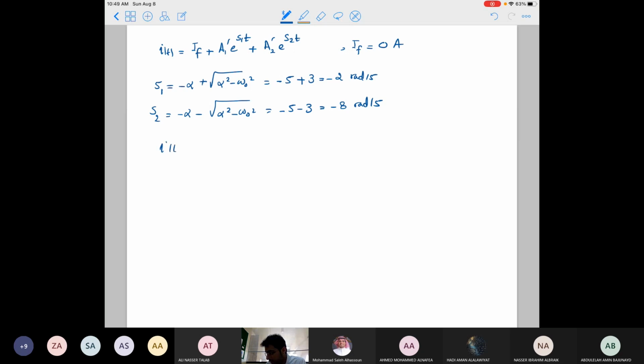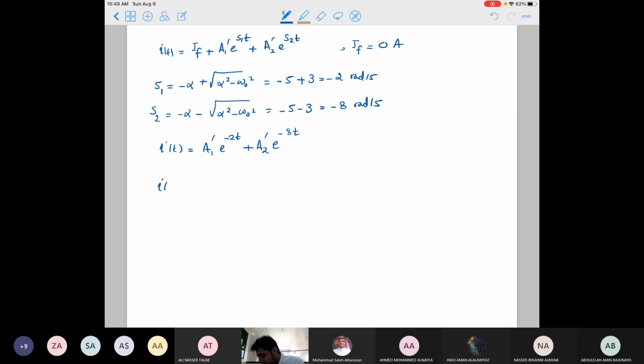So I can write i of t as A1 prime e to the minus 2t plus A2 prime e to the minus 8t. Now I need to find the coefficients A1 and A2.